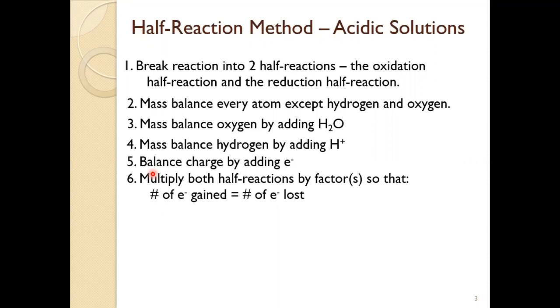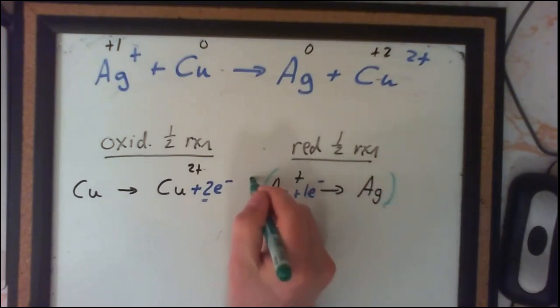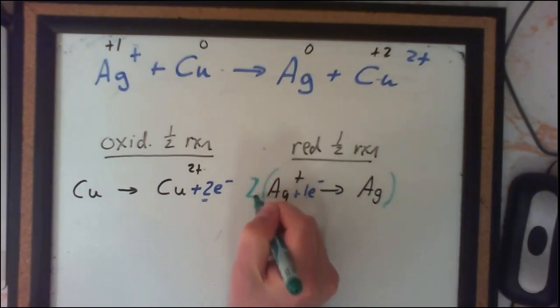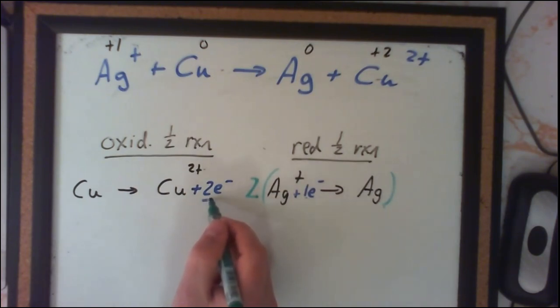One way I can do that is by taking my reduction half reaction and multiplying the entire reduction half reaction by 2, in order to ensure that the number of electrons that I gain here is equal to the number of electrons lost here.